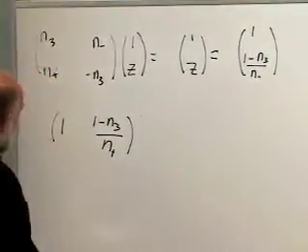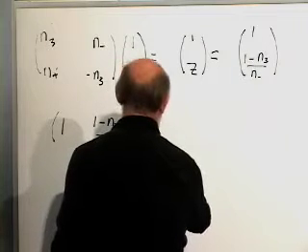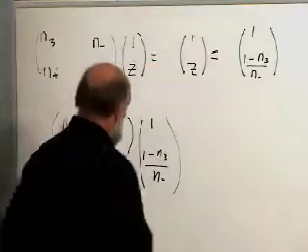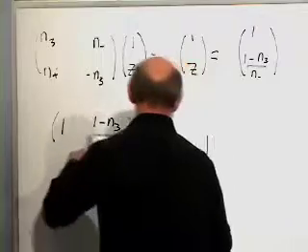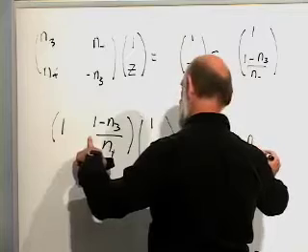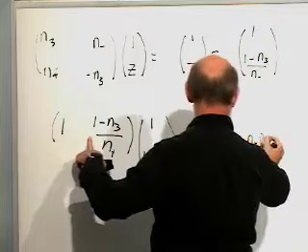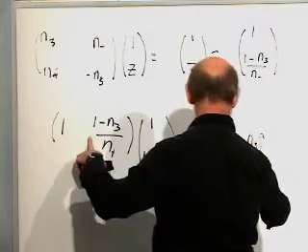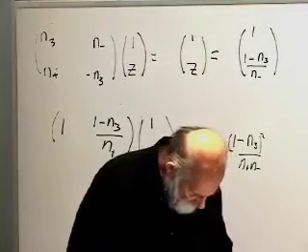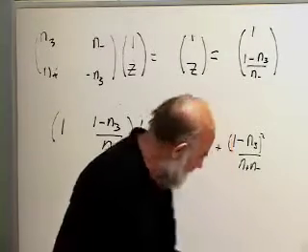Okay, that's the row vector, and if I multiply this by the column vector, 1 minus n3 over n minus, then what I'll get is 1 times 1 plus 1 minus n3 squared over n plus n minus. Did I do that right?